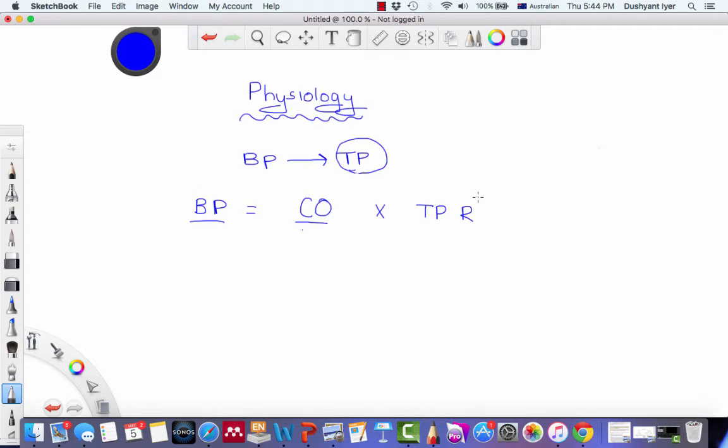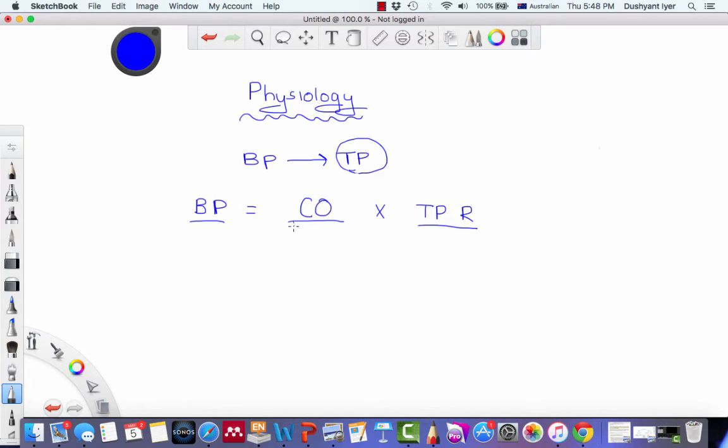One is your cardiac output, and the second is the total peripheral resistance of your vasculature. So you can actually already see two determinants of tissue perfusion. And I guess, if you're thinking ahead, two determinants as to why you might get inadequate tissue perfusion or shock: a decreased cardiac output or a decreased total peripheral resistance.